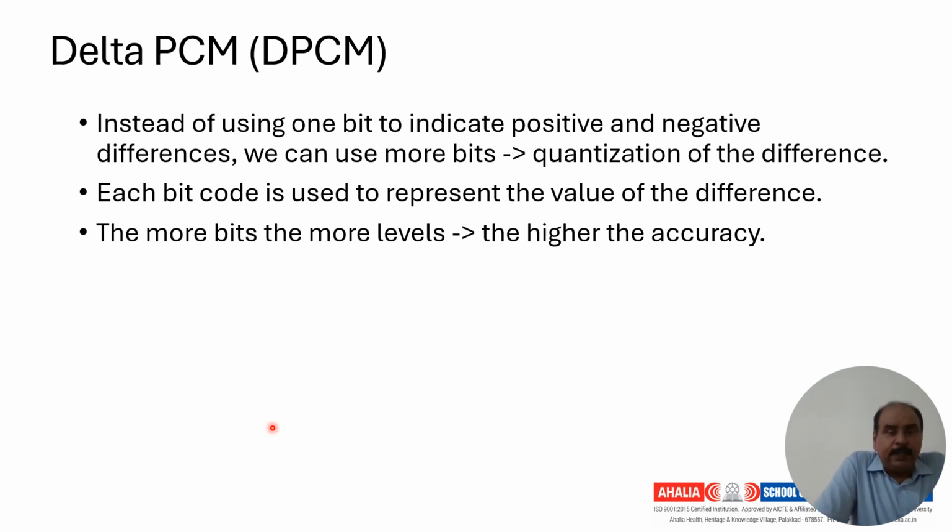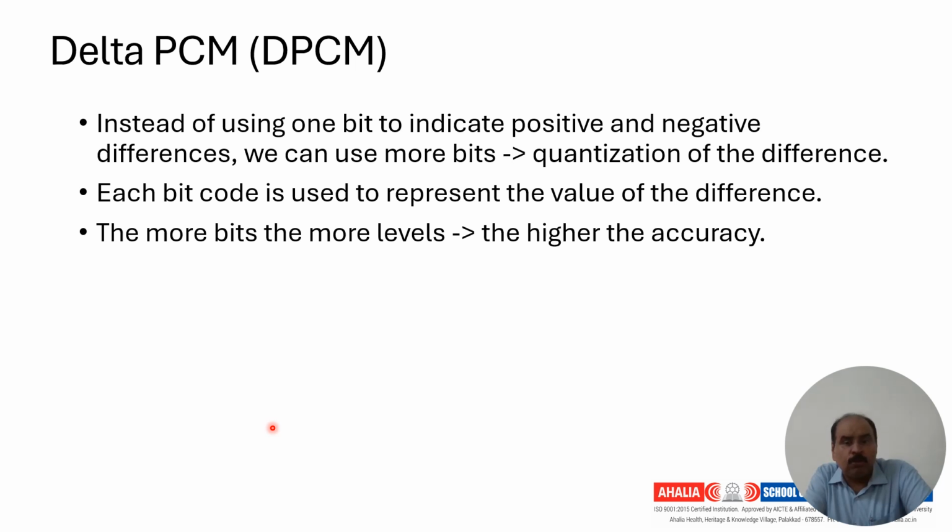So delta pulse code modulation, it is not differential, DPCM here is delta. There is a small difference between delta modulation and delta PCM. Instead of using one bit to indicate positive or negative differences, we create a symbol. A symbol means a set of bits, and that would be the difference in quantization.